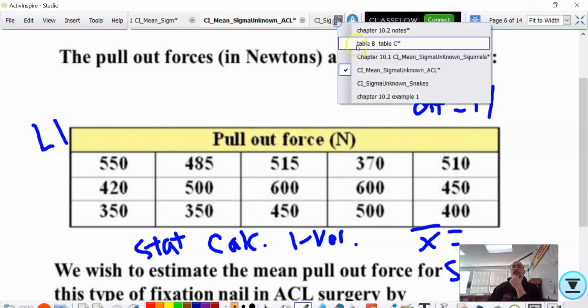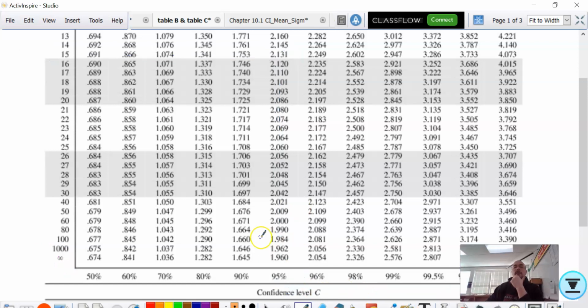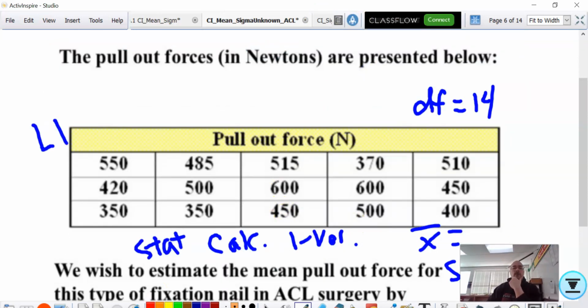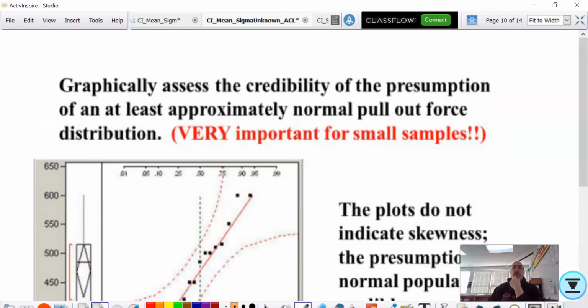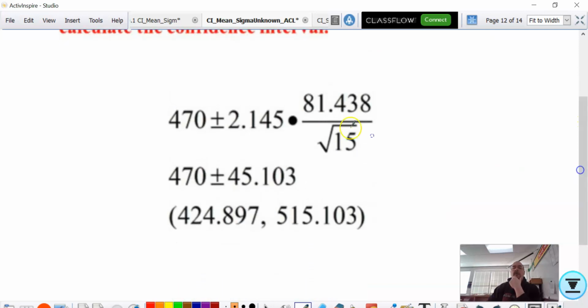And if I go back to the table, and I go to 14 and 95%, you can see that 14 degrees of freedom, 95% is 2.145. And voila, that's what we see when we go back to our mechanics, 2.145. Here's our standard deviation divided by the square root of n. All right, so there's our interval.